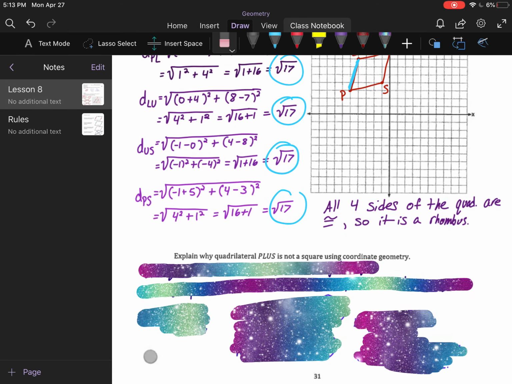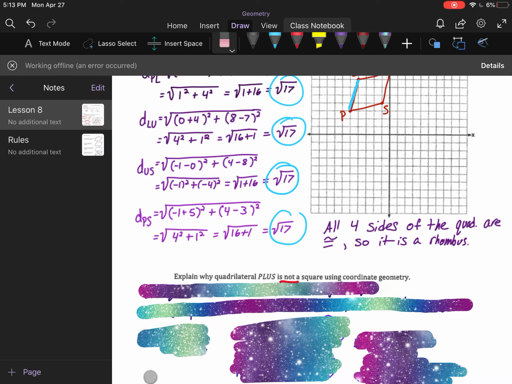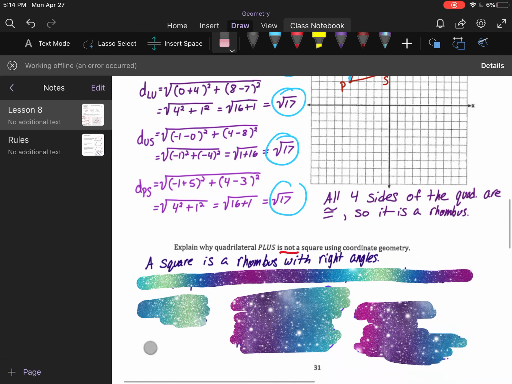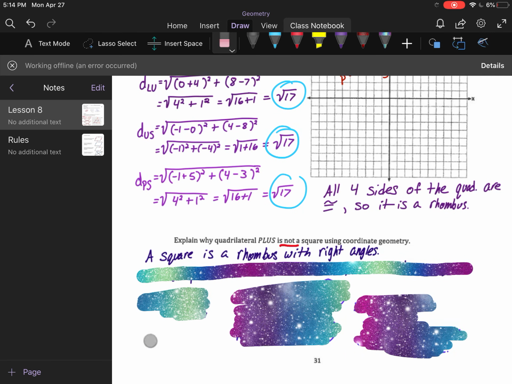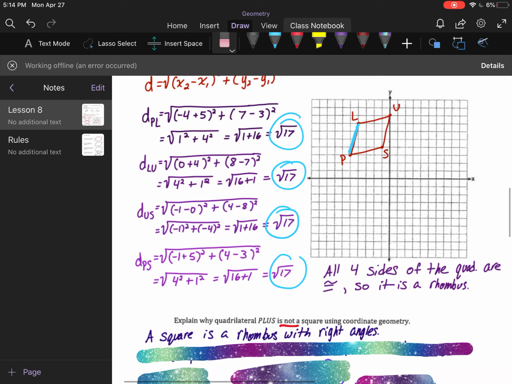And we're going to explain why it's not a square. So this is still a proof, but we're explaining why it's not a square now. So we're going to have to figure out the difference between a rhombus and a square. A rhombus is really similar to a square, except a square is going to have right angles, okay?